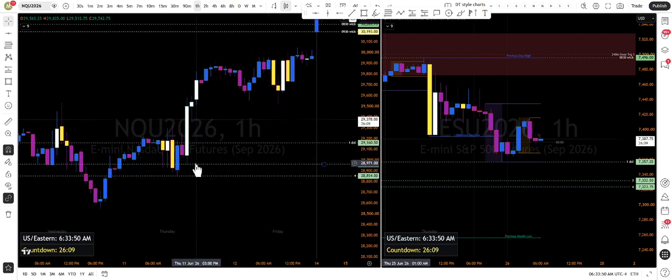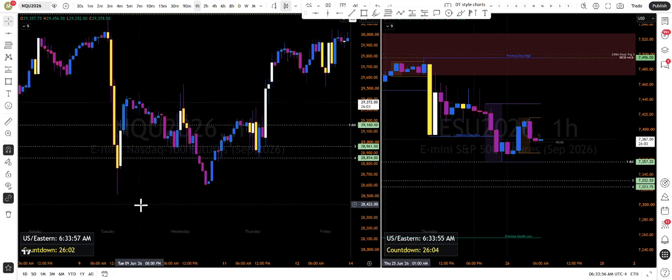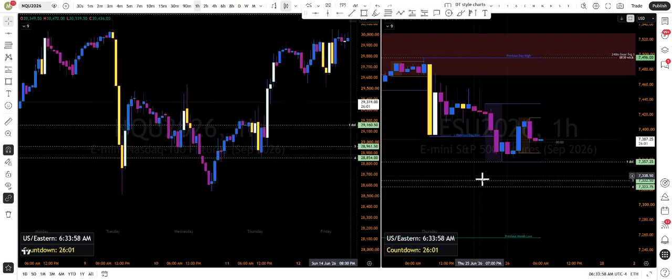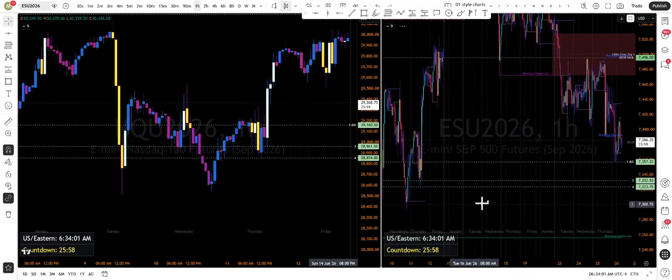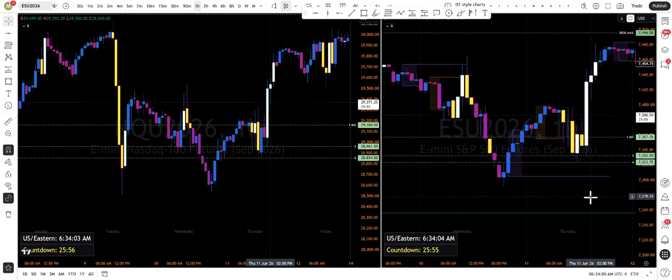So I have these hour pivot lows marked because they're significant. They stand out. So you like to mark the pivots that stand out by themselves. See, like this. See it stand here by itself.